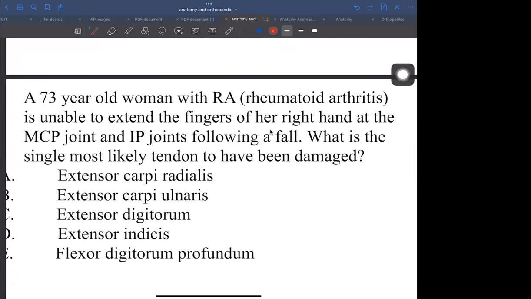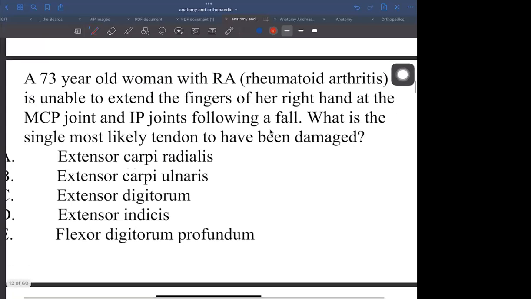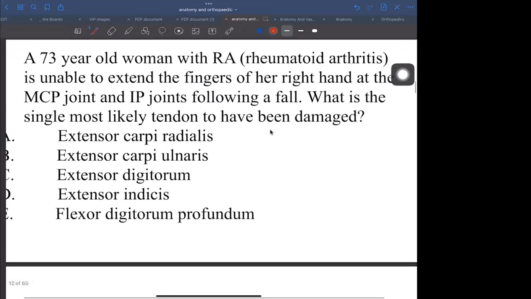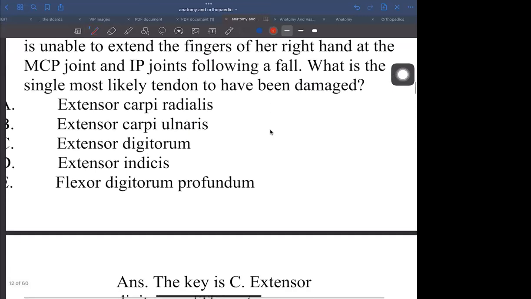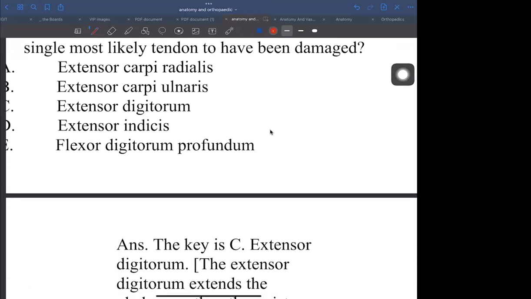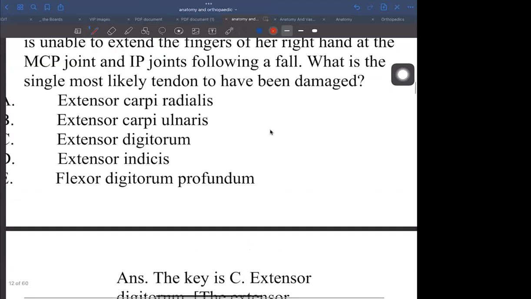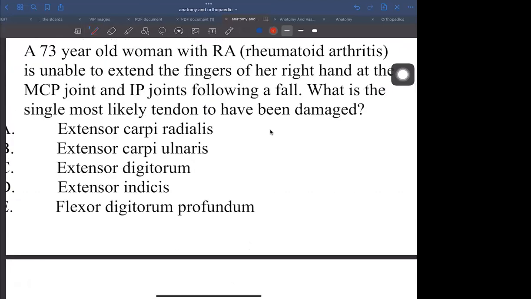If she's unable to extend, it's not the flexor, because she's unable to extend. She can't extend. So her extensor digitorum is affected, right?